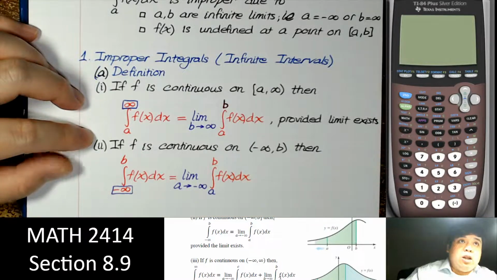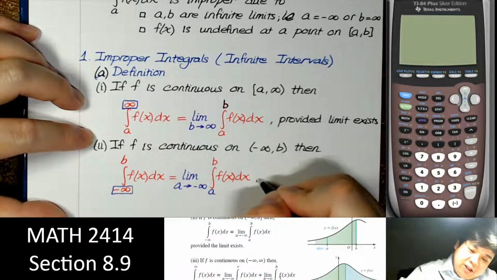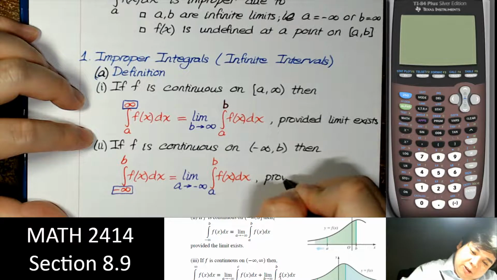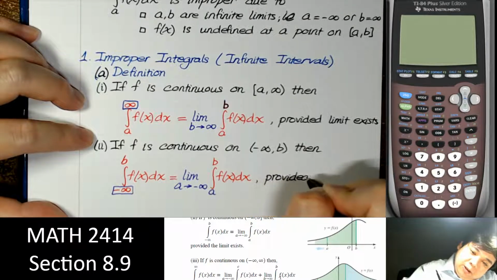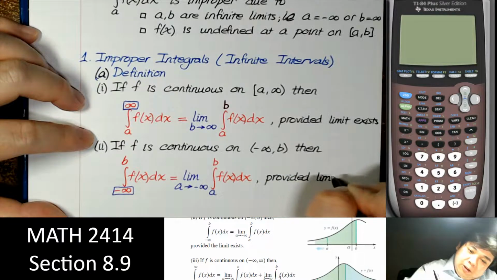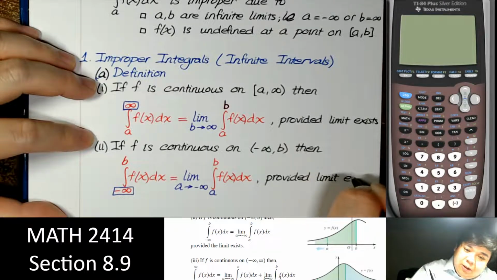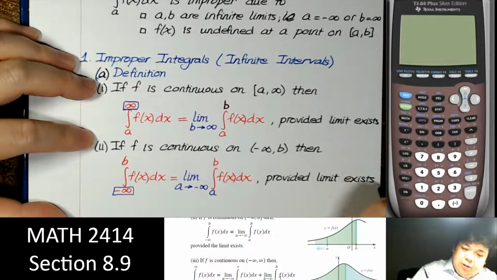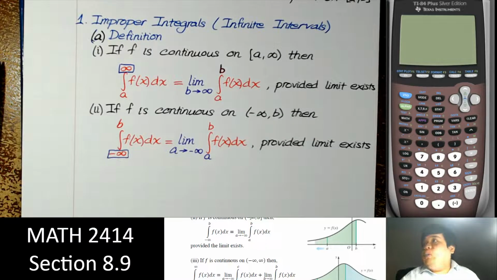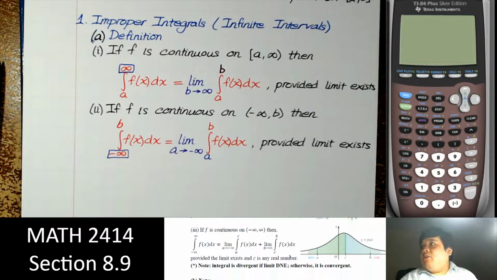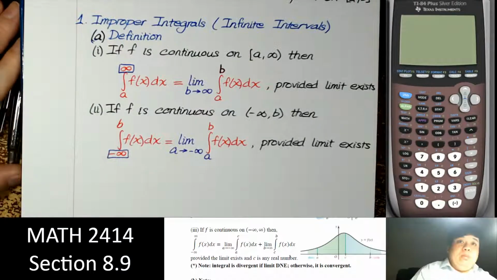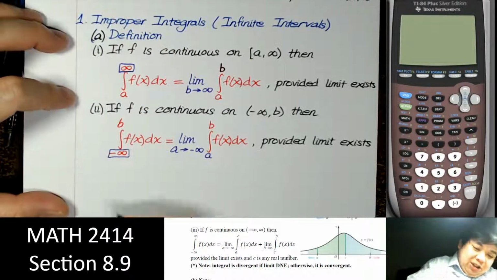Of course, it works if the limit exists. Now what happens if both of them are infinity? In that case, easy. Just chop it somewhere in the middle and combine these two.